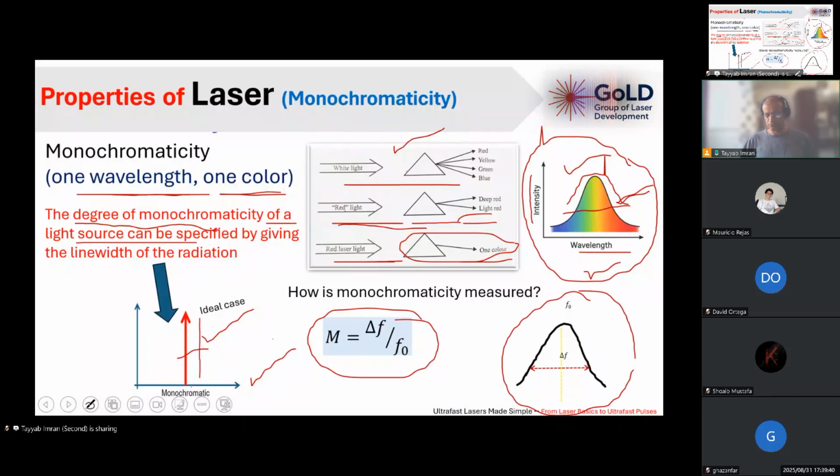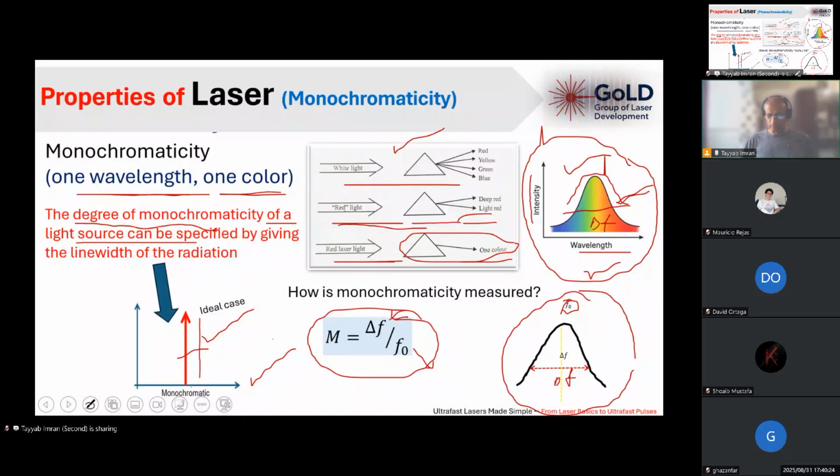I just drew it to show you the width of the spectrum, which is delta F here and also delta F here, and the center of the spectrum is F naught, the center wavelength. If we divide the width of the spectrum by the center wavelength, we get a ratio, and it tells us how monochromatic the laser or the light is.